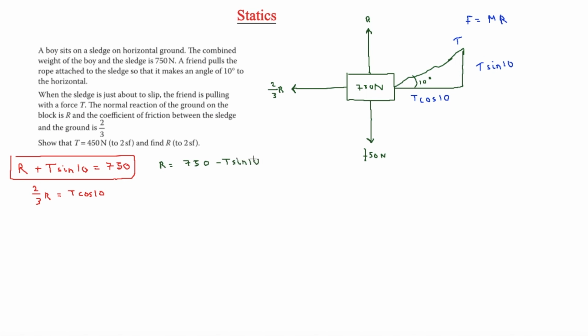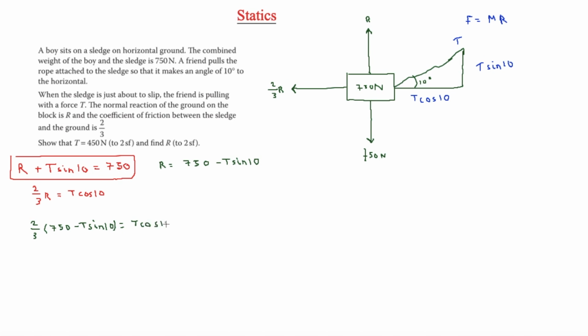Therefore, we can substitute R into this one, so you get 2/3 times 750 minus T sine 10 is equal to T cos 10.